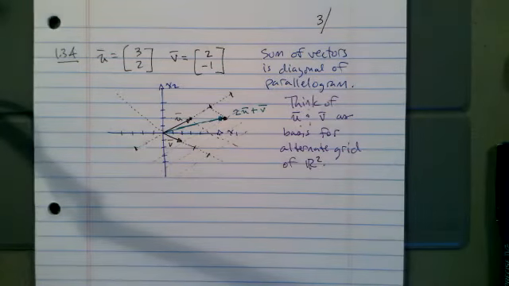It's a different way of describing R2. Every point on R2 can be written in terms of U and V, and it would look very different than how we normally write coordinates. Any questions?